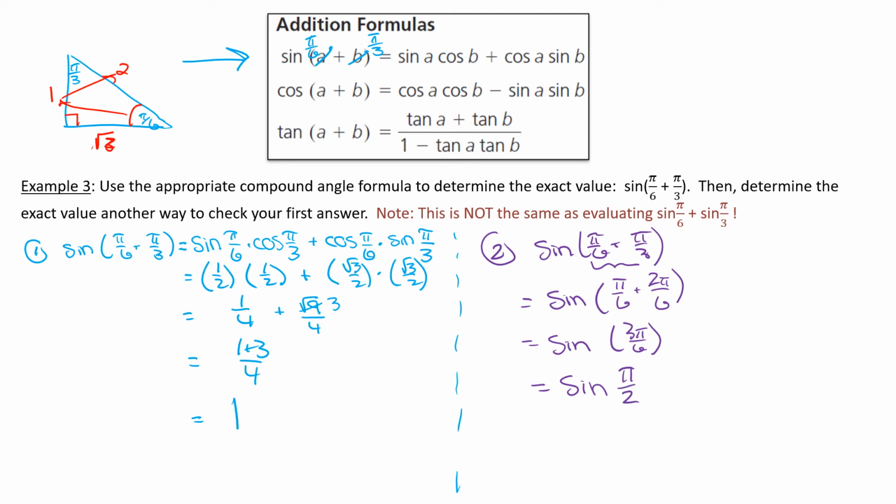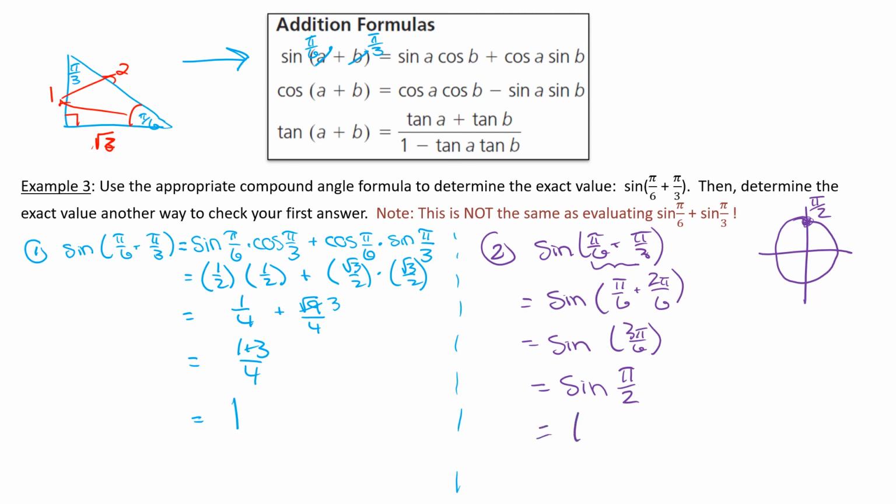Sine of pi over 2. Pi over 2 is one of my angles that falls right on the axes, right? Pi over 2 is up here, it's 90 degrees. Sine of pi over 2, what's the coordinate there? The y value is 1.